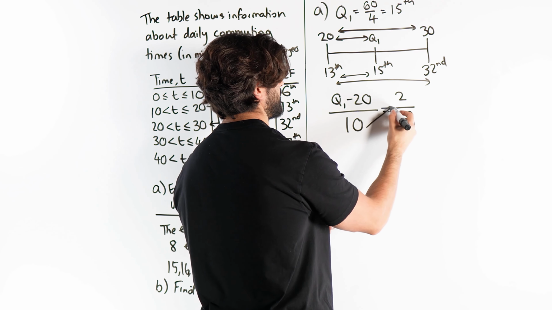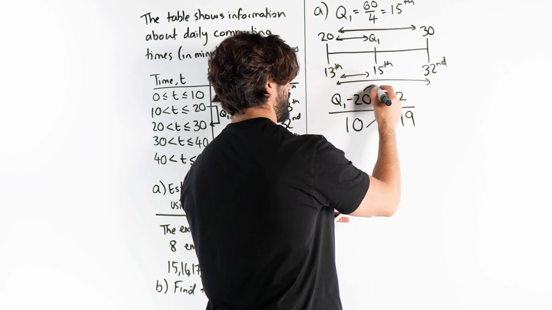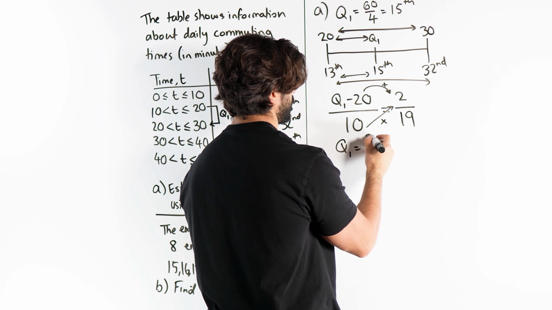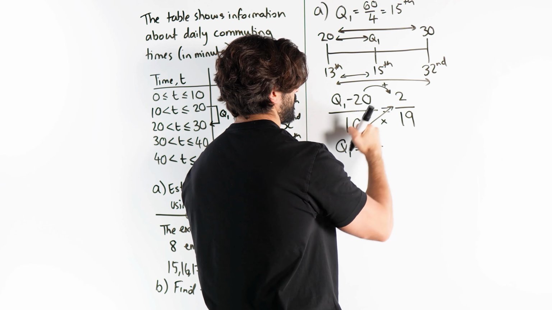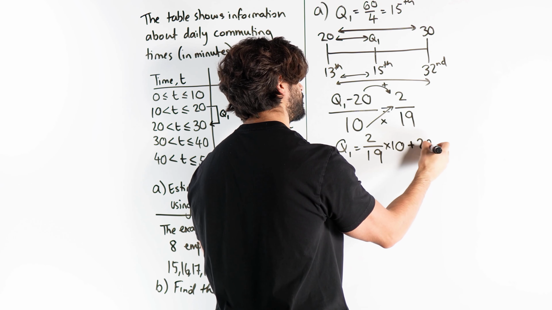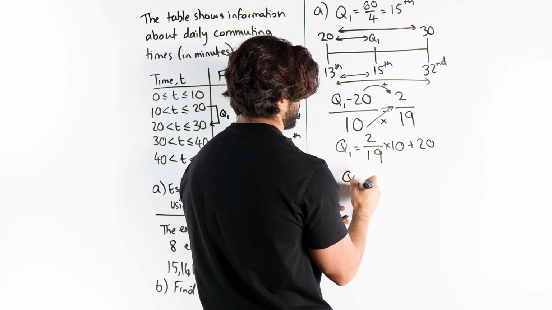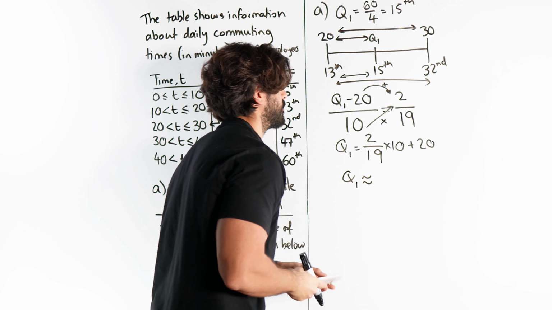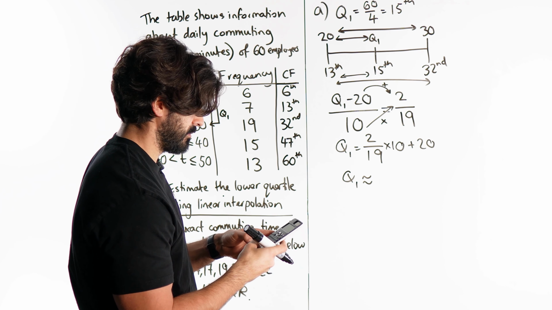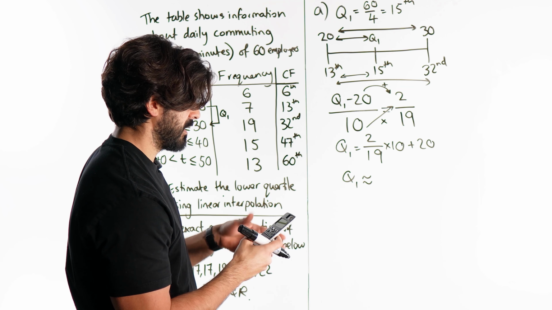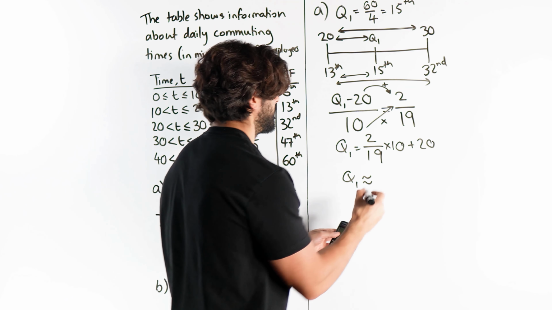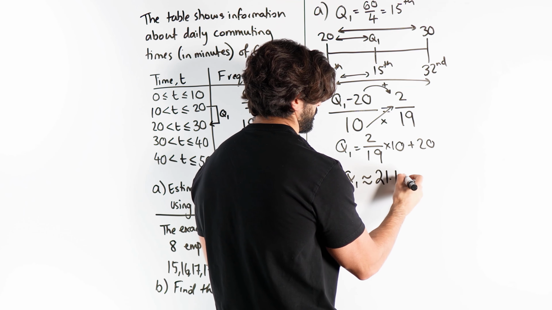So we multiply through by 10, then add the 20 over. So Q1 is 2 over 19 times 10 plus 20, which is 21.05. I'm just going to say about 21.1 minutes.